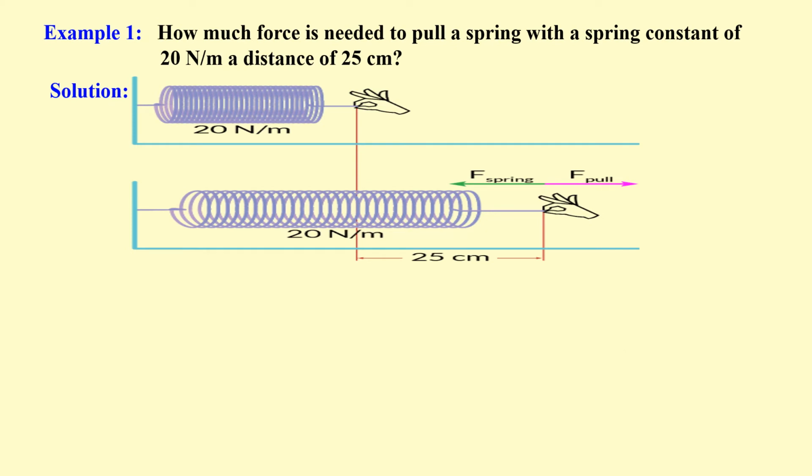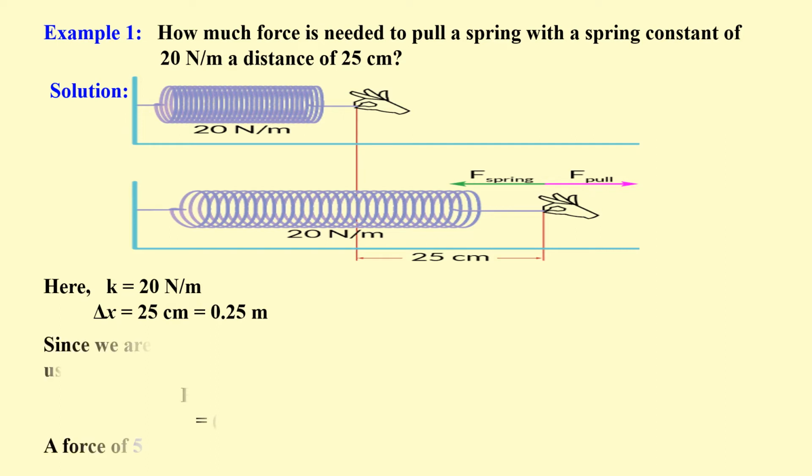Example number 1. How much force is needed to pull a spring with a spring constant of 20 newtons per meter a distance of 25 centimeters? Solution. Here, spring constant k is 20 newtons per meter and delta x is 25 centimeters or 0.25 meter.